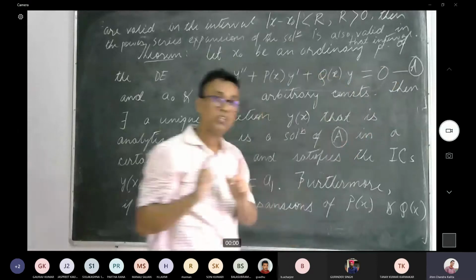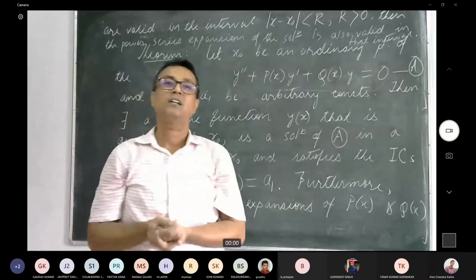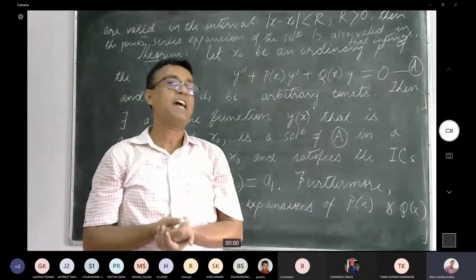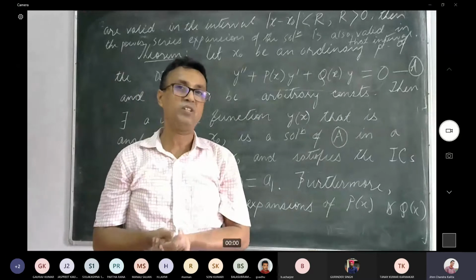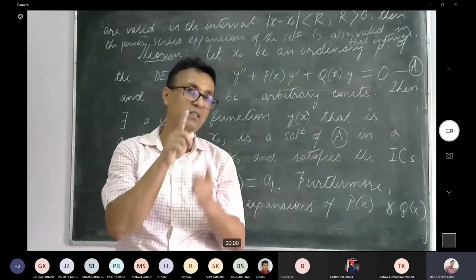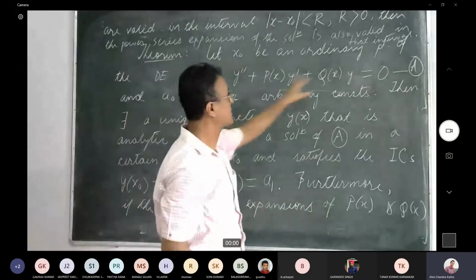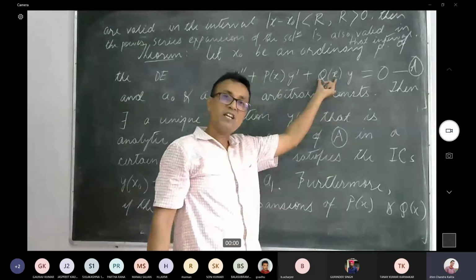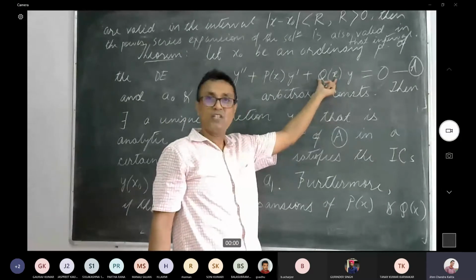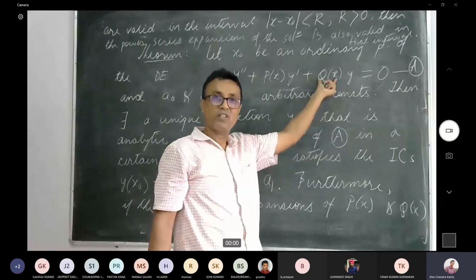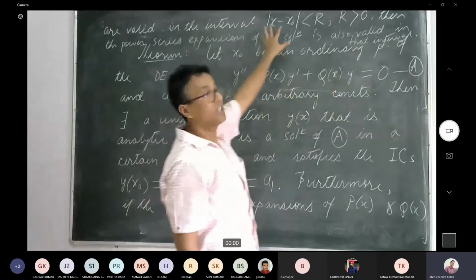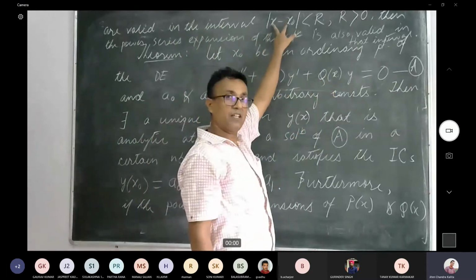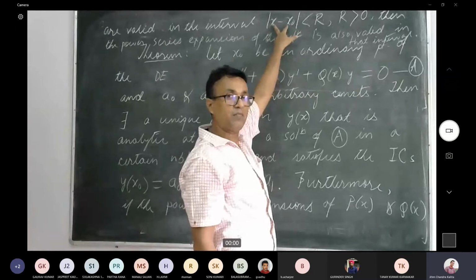The very first condition given is that x0 is an ordinary point for this differential equation. The meaning of that is that P(x) and Q(x) can be expanded as a convergent power series about x equal to x0, and we are given that they are valid in this interval.